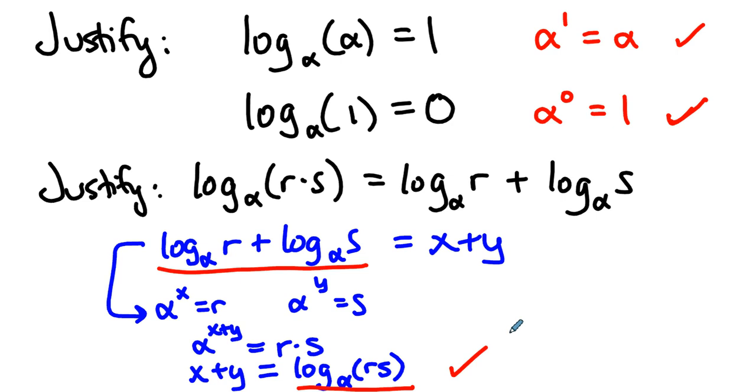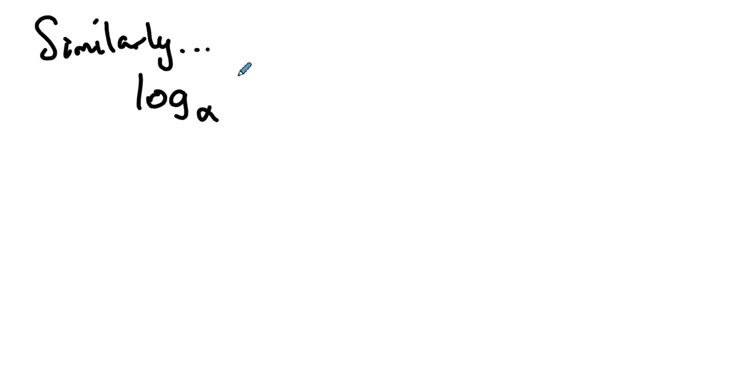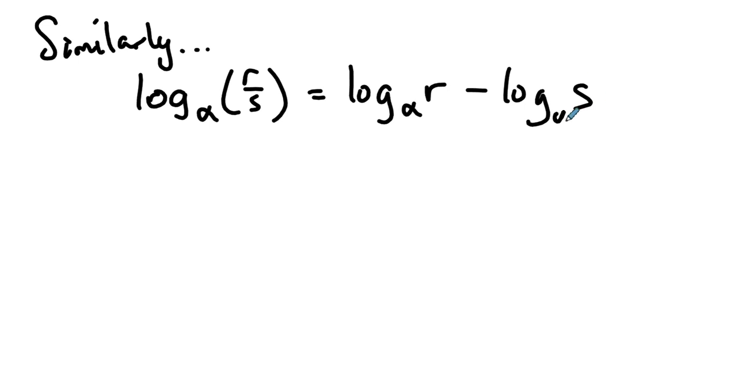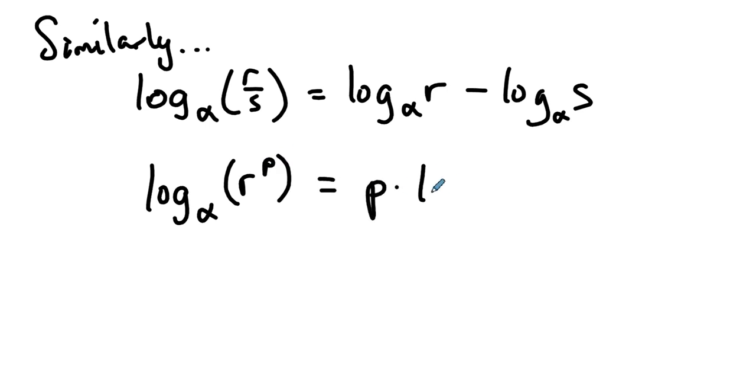And you can similarly justify that the log base alpha of r over s is the log of r minus the log of s, both base alpha. You can justify that the log of r to the p is p times the log of r, regardless of the base.